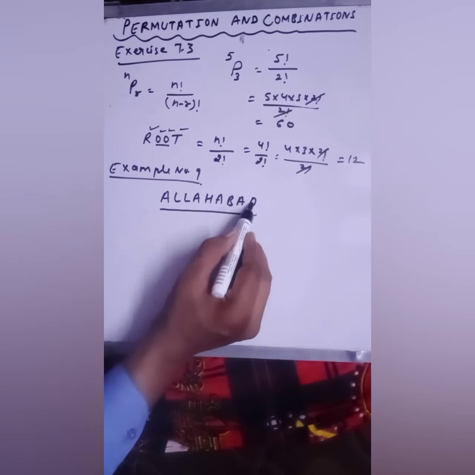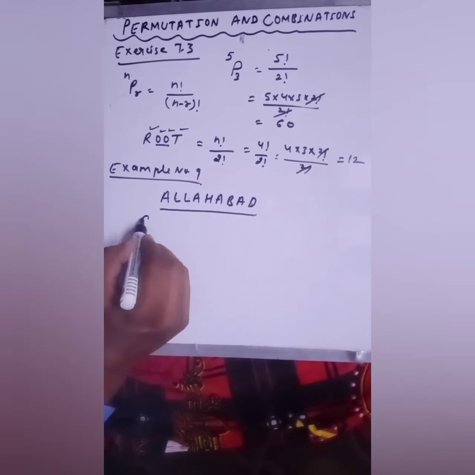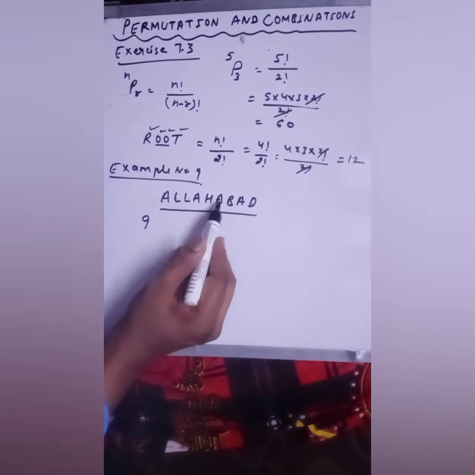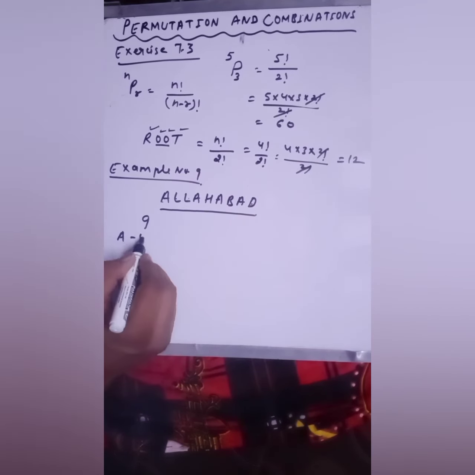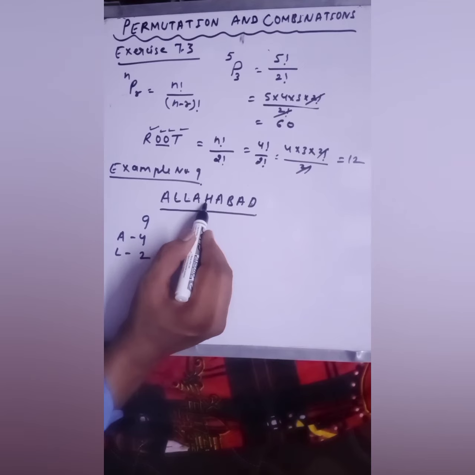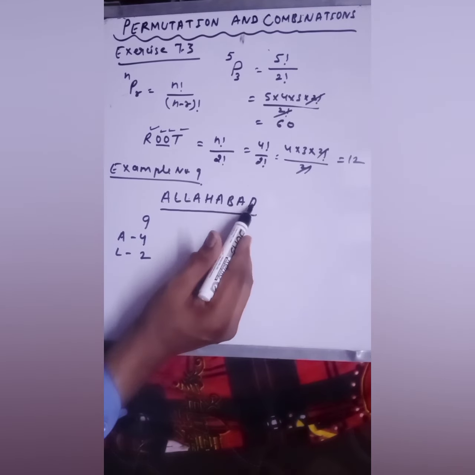Total letters are 1, 2, 3, 4, 5, 6, 7, 8, 9. Total letters are 9, in which A is repeating 4 times, L is repeating 2 times, H 1 time only, B 1 time, D 1 time.